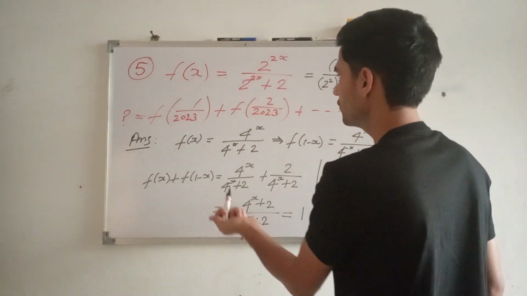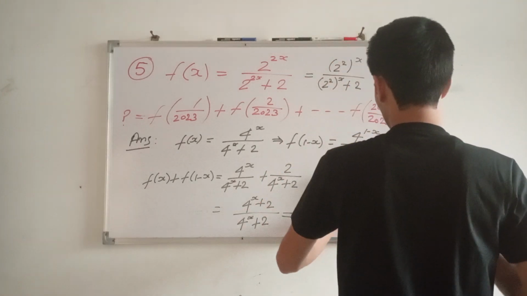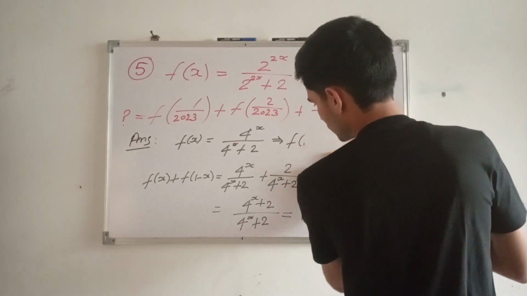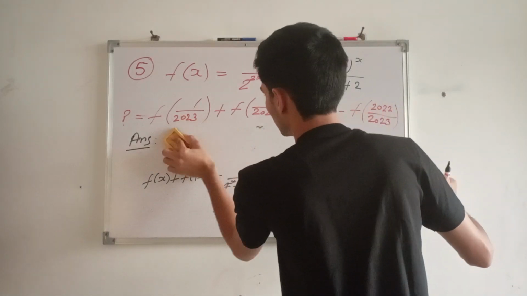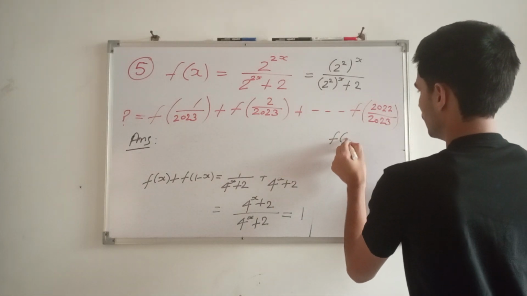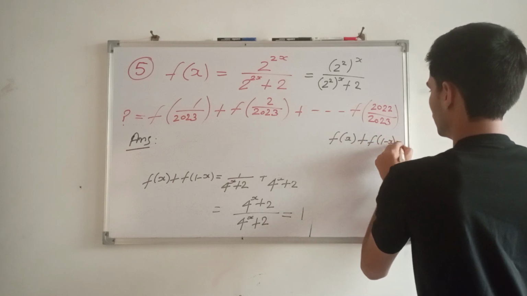So this thing we need to use in this sum. How we can use that, I'll show you. So we have got this sum as 1. Let me put that here. f of x plus f of 1 minus x is equal to 1.